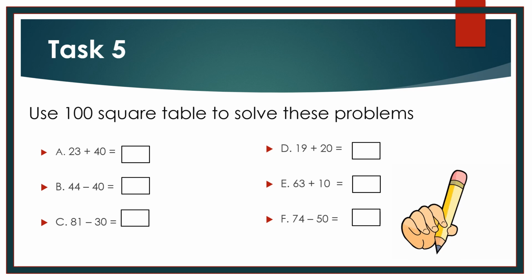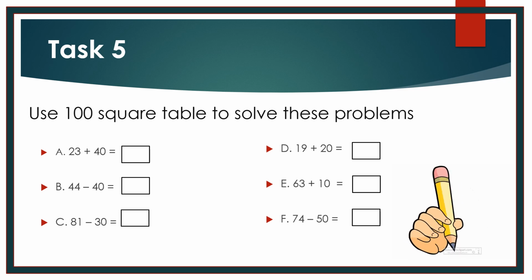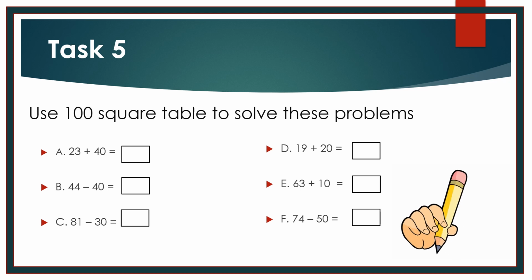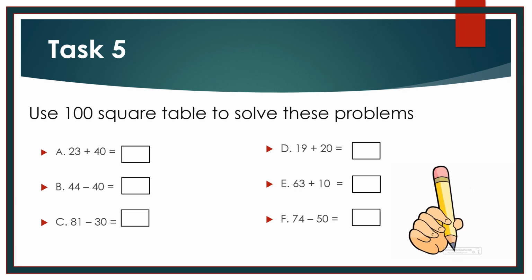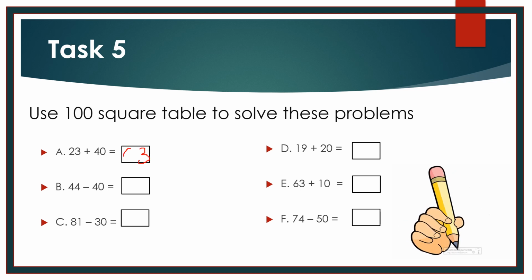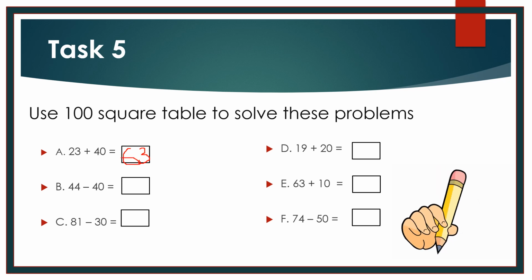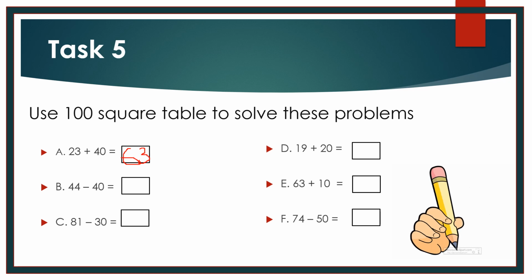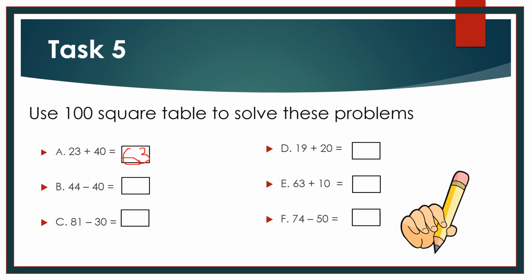From 23, you will count on 4 tens. Can you count? Go on 23. Count on 4 tens from 23. Yeah, the answer is 63. You are right. The answer is 63.